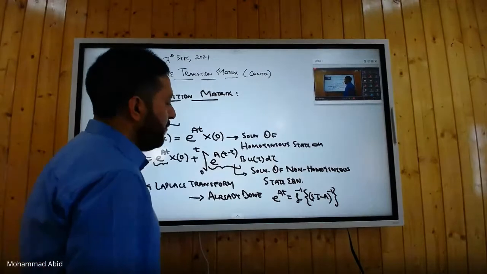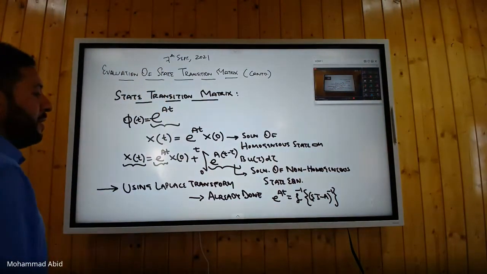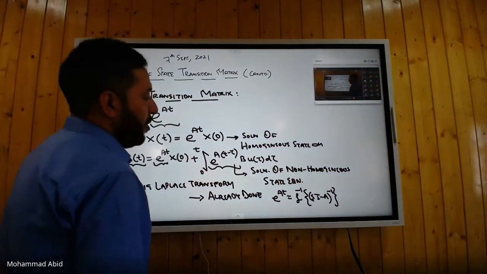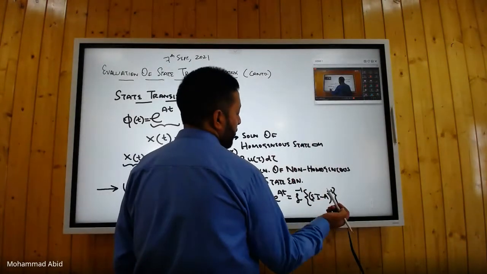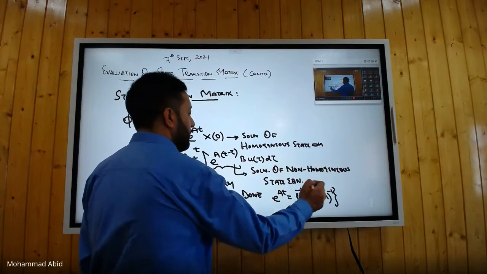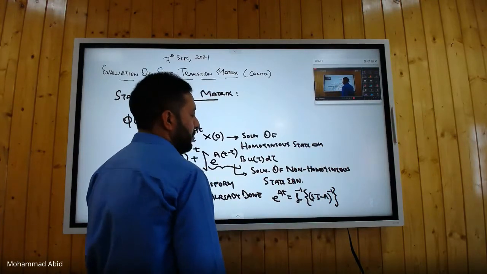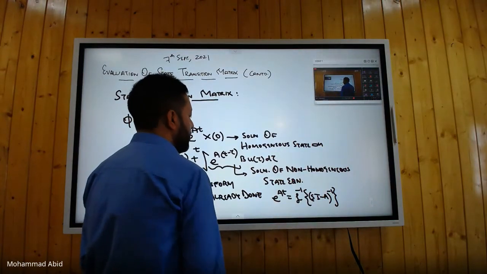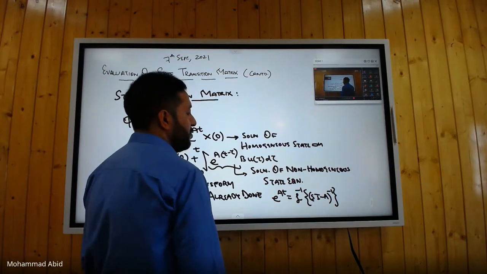So this may be suitable on paper for matrices of order 3, at the most. If A is of order 4, obtaining the inverse becomes quite complicated. But nevertheless, this is one of the methods used for evaluating the state transition matrix.